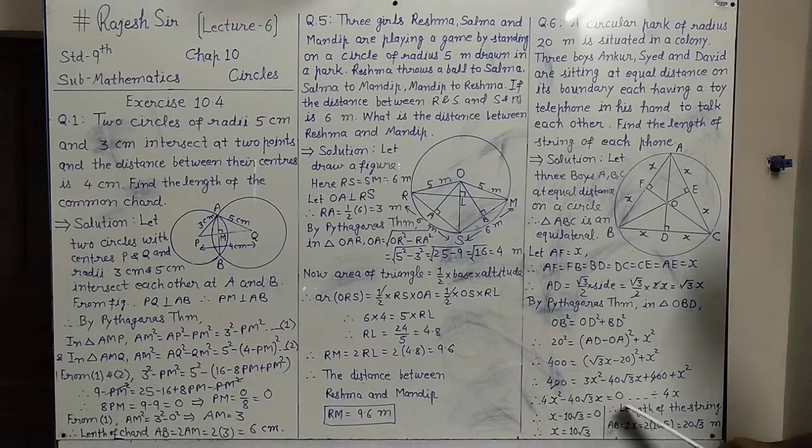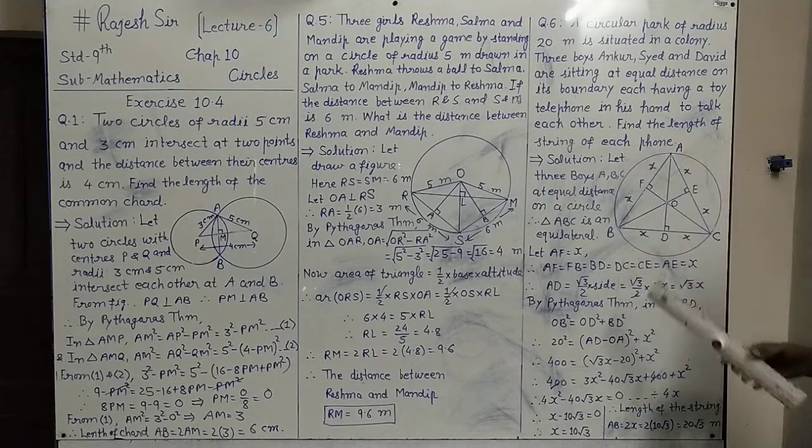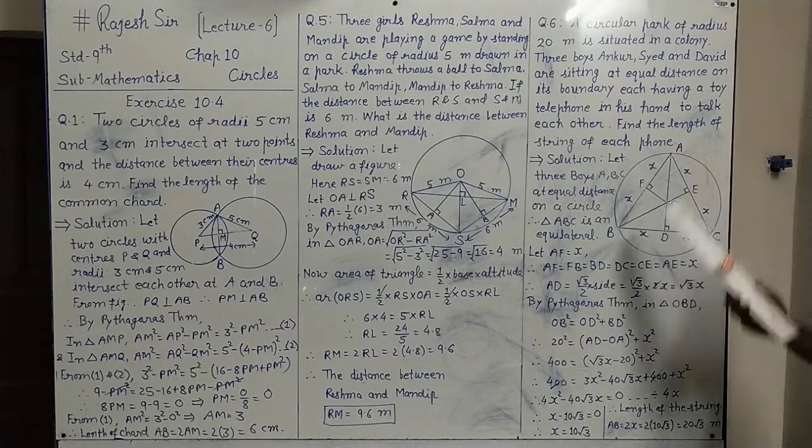Now dividing the whole equation by 4x, we get x minus 10√3 equal to 0, which gives x equals 10√3. The length between any two boys, the toy telephone string, AB or BC or AC, any one we can take.